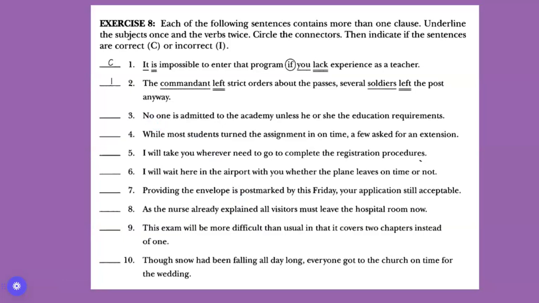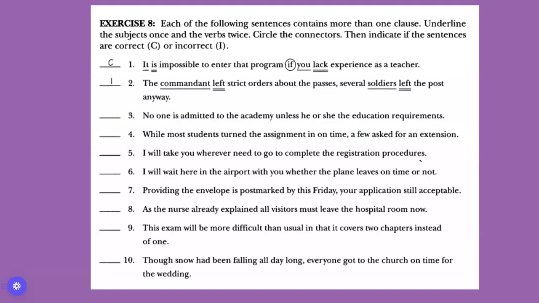I think it's correct. Let's see if I have subject and verb. No one is admitted to the academy. Okay, no one is my subject, is admitted the verb. He or she, the education requirements. Do you see any verbs here in this clause? No, teacher. No, right? This sentence is incorrect.